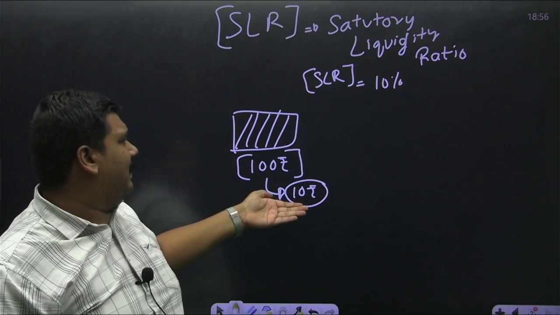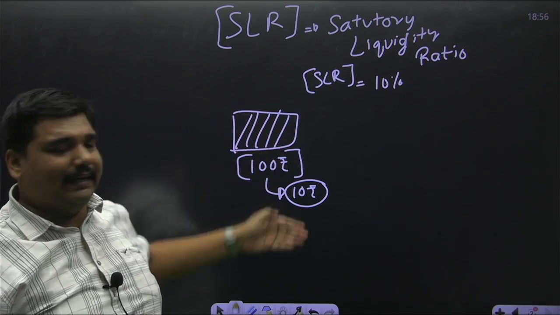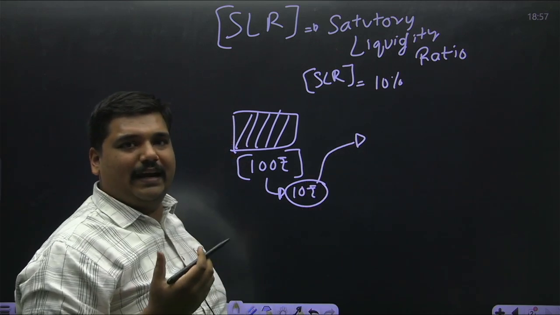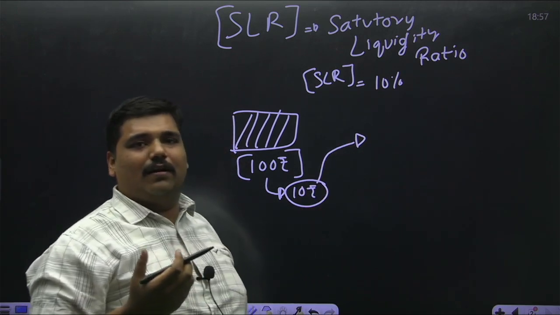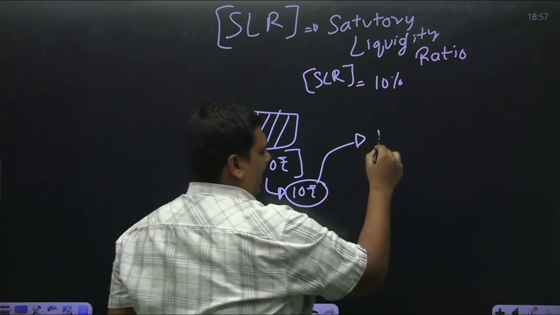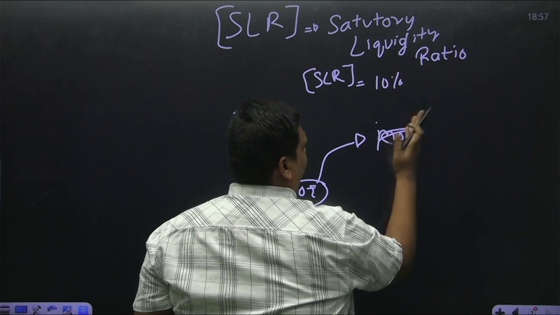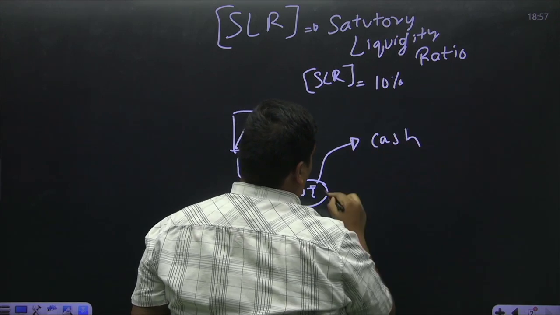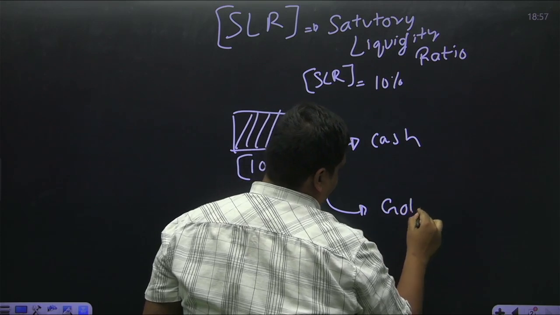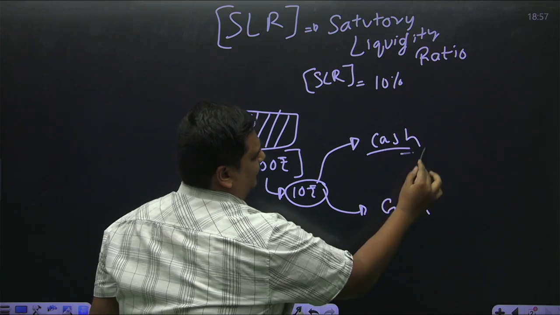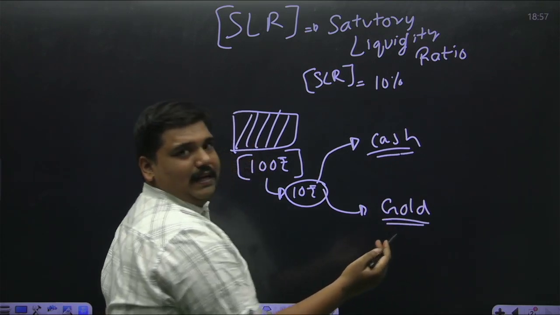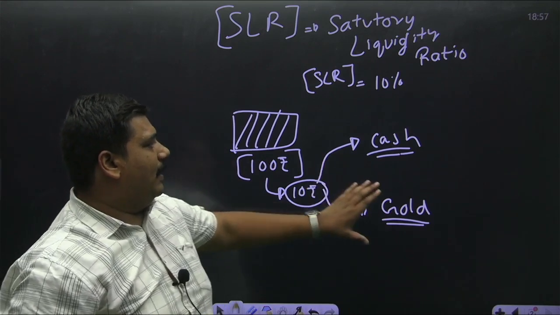This 10 rupees is left with the bank itself, but in the form of liquid, in a state of liquidity. That means not in a watery state. It means either in the form of cash or gold. See, cash has the highest liquidity. Next to it comes gold, next in line in the level of liquidity.